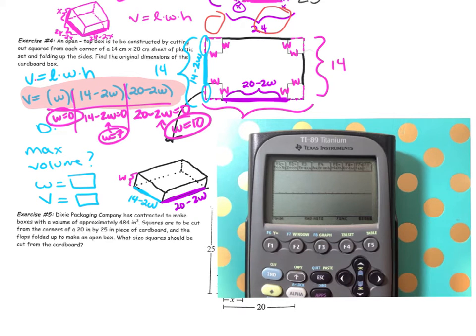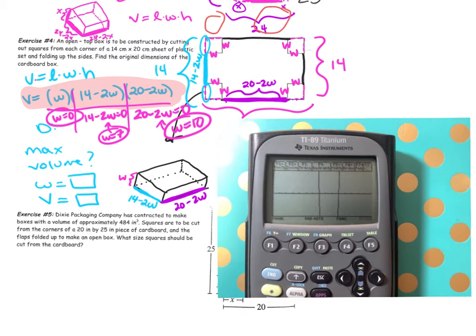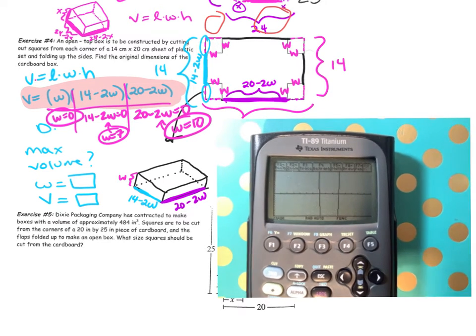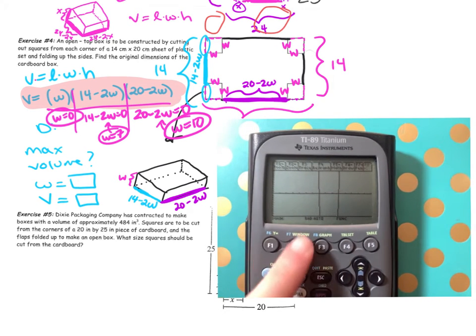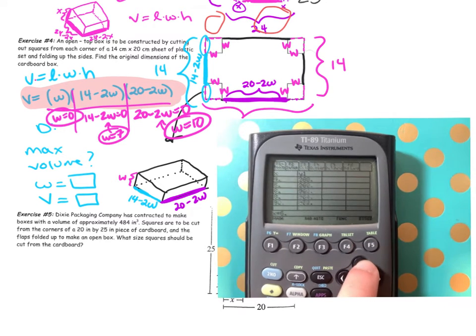And now let's go back to diamond F3. I'm going to have to adjust the y values. Okay, so there we go. Now I can see more of the graph. That's good, but I need to adjust the y values. So if we go back to diamond F2, that will adjust the window. But let's check the table. You guys can see, look at my table, my y values are pretty large there.